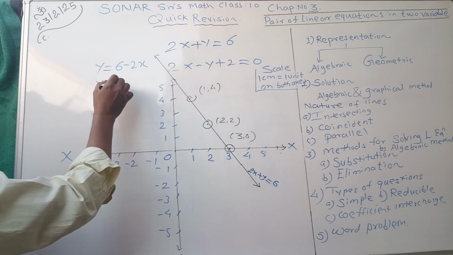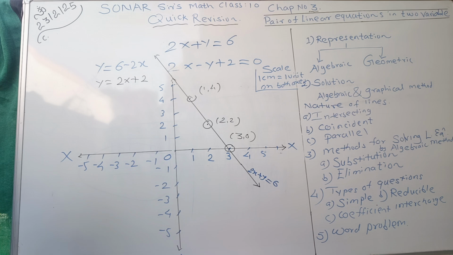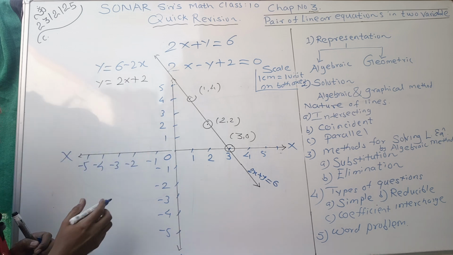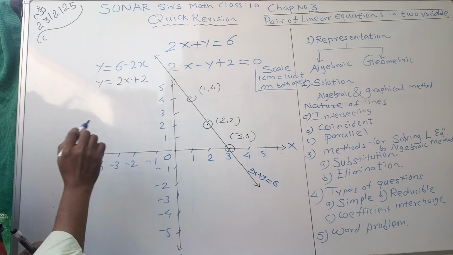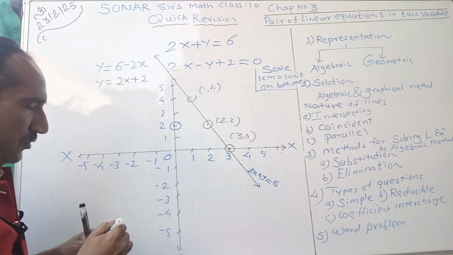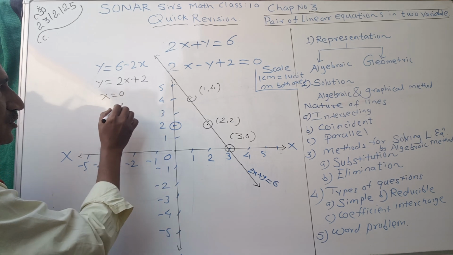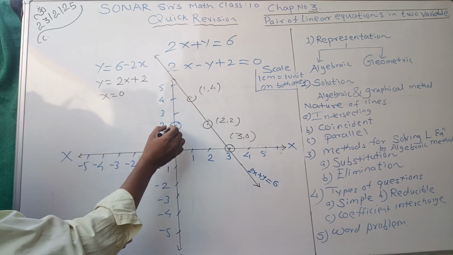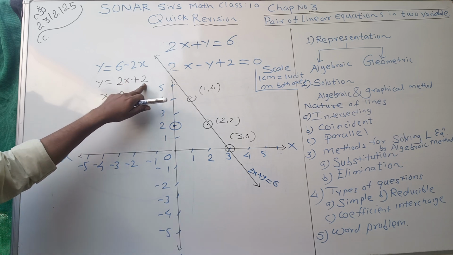y is equal to 2x plus 2. If I consider x equals 0, y becomes 2. So (0, 2) will be the first point. If I consider x equals 1, 2 plus 2, 4.